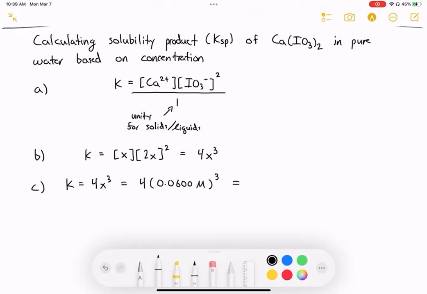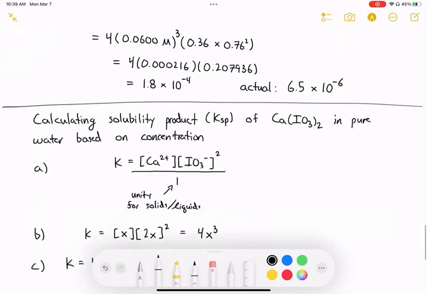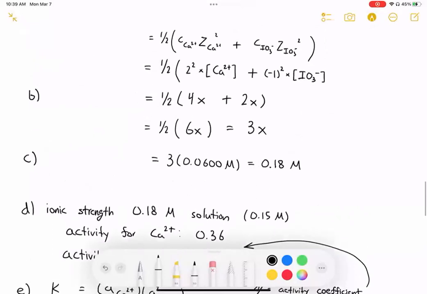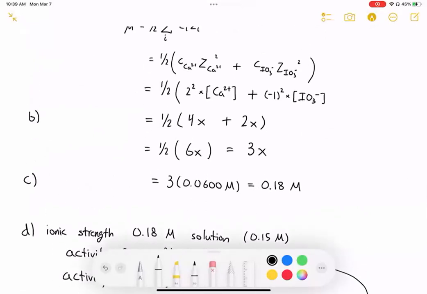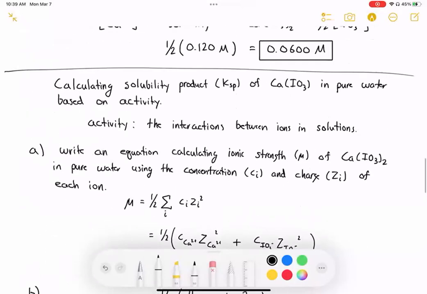And that will give us a value of... let me see if I did this right. First, let's go back here. So our solubility right there, 0.120, 0.06.